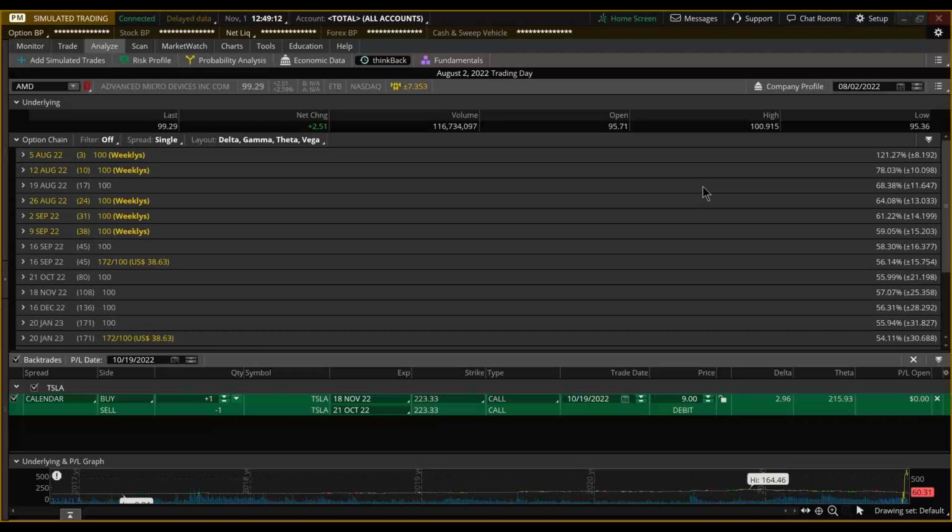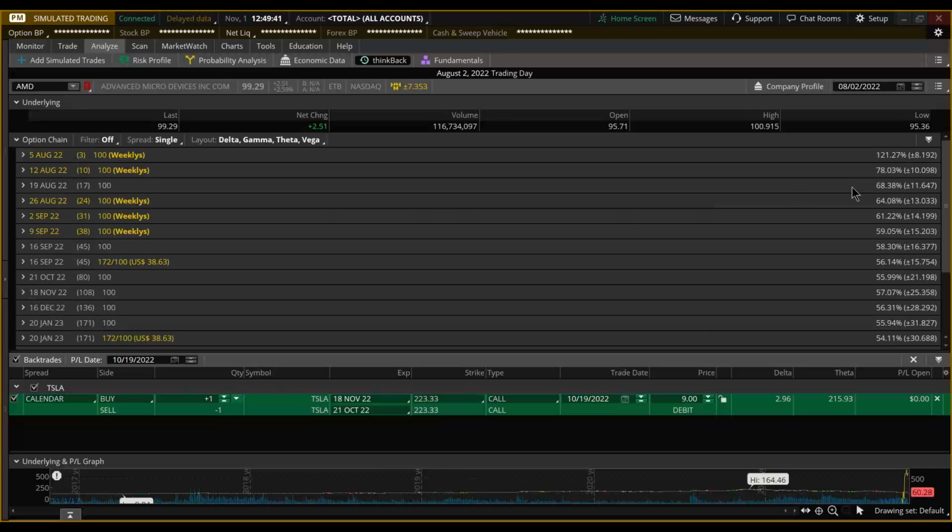I'm going to just jot this down on a piece of paper. So the IV was 121 in the fronts before the earnings event, before the earnings news came out, and the IV was 68 in the backs, what we call the back expiration. So we're shorting the fronts, buying the backs, okay?